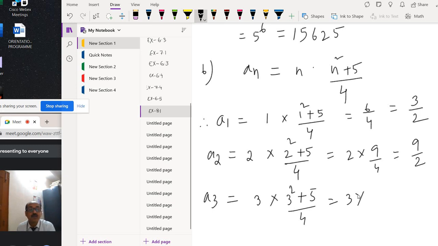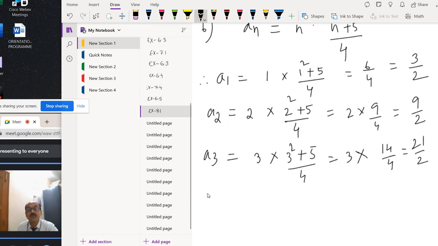So 3 into 14 by 4, 14 by 4 is 7 by 2, which is 3 into 7 by 2, equal to 21 by 2.